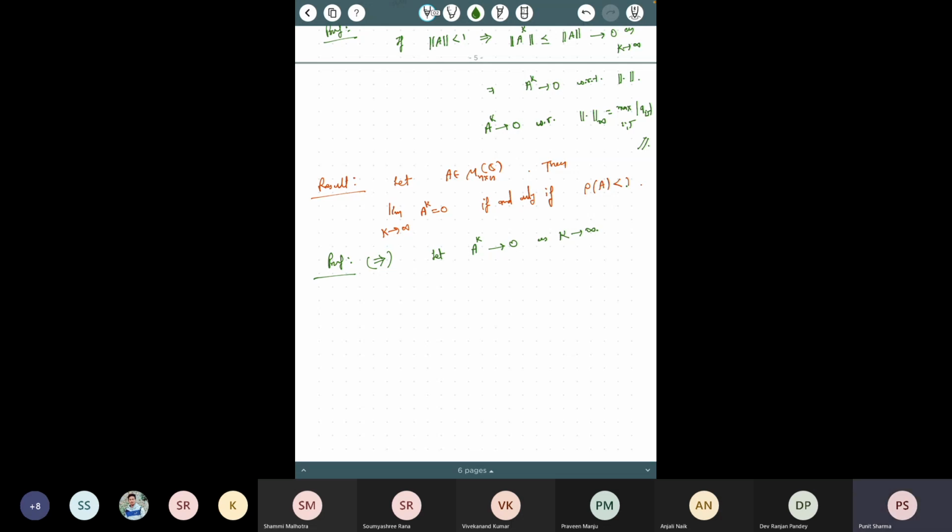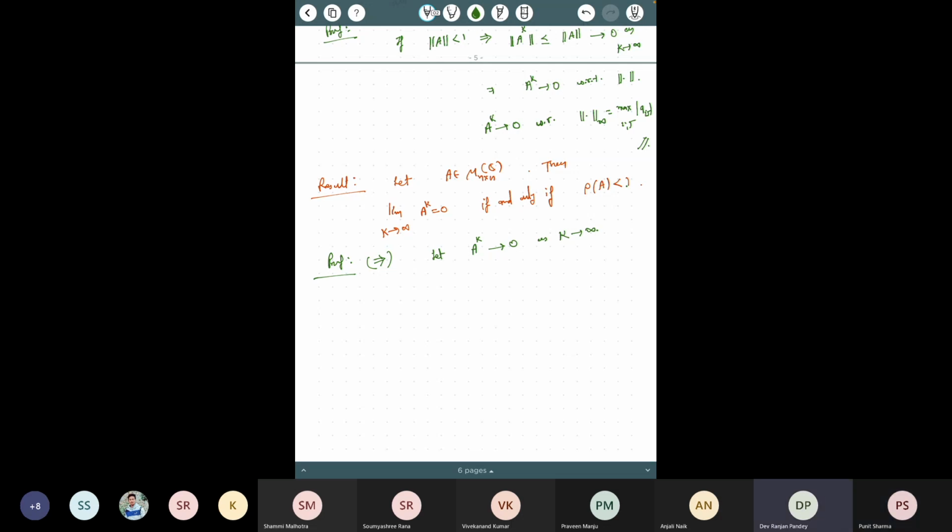Why is this so? Rho(A) is less than 1. Why is this true? Because the spectral radius of the zero matrix is 0, and if rho(A) were greater than 1, this would not be satisfied. But where is this zero matrix coming from?